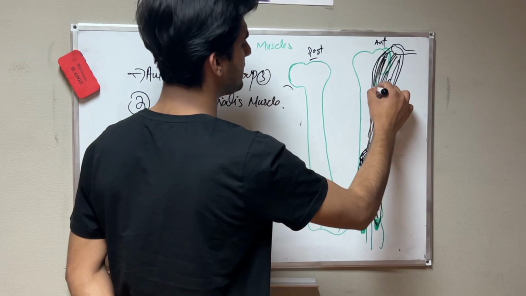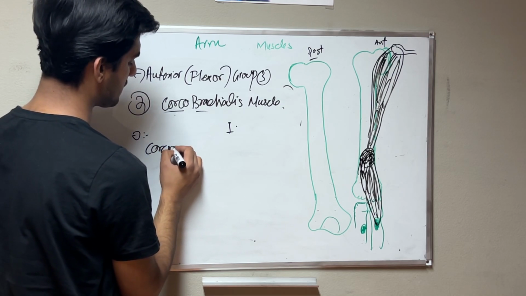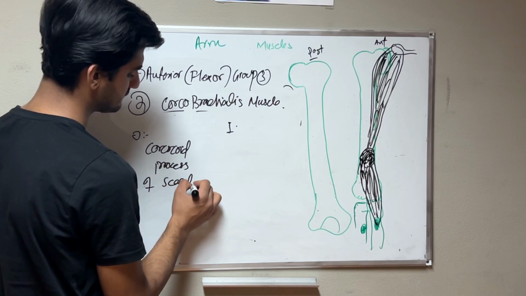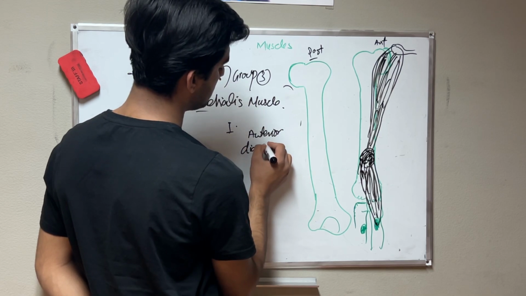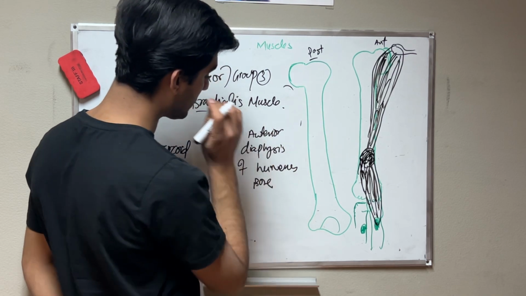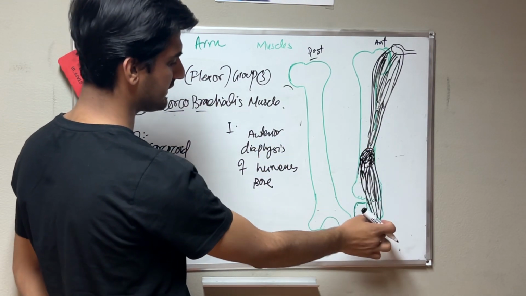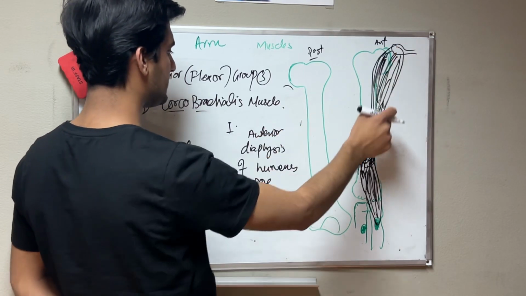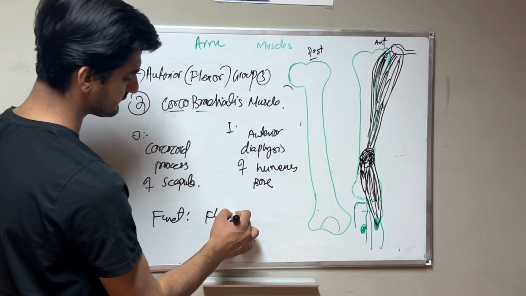It originates from the coracoid process of the scapula and inserts into the anterior diaphysis of the humerus bone. For the brachialis, the anterior diaphysis of the humerus is the origin and the ulnar tuberosity is the insertion, but for the coracobrachialis the origin is the coracoid process of the scapula and the insertion is the anterior diaphysis of the humerus. The function is flexion and adduction.